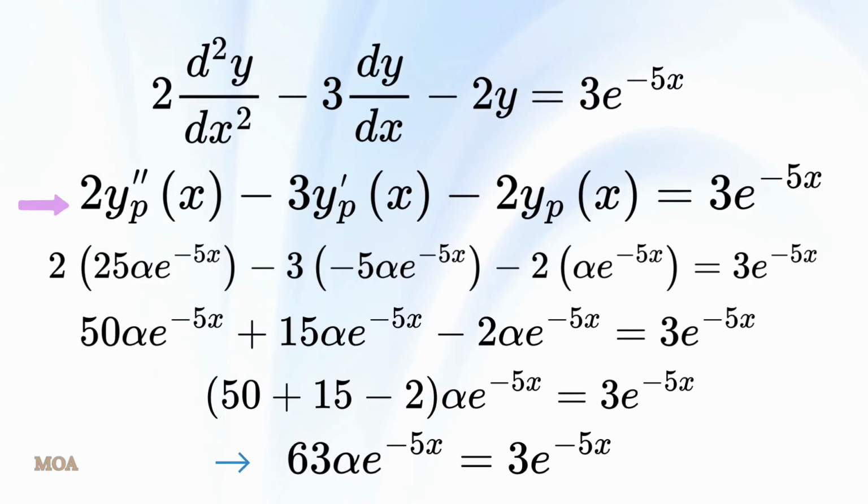The right-hand side of the equation is 3e^(-5x). So we have 63α e^(-5x) = 3e^(-5x).